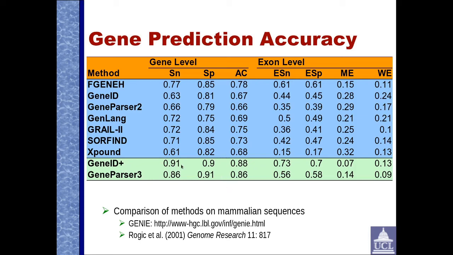So you can see we're getting sensitivity and specificity of around 0.9, and the approximate correlation value also approaching 0.9. At the exon level, some of these do rather worse. Obviously you want wrong exons and missing exons to be as low as possible. You want these to be as high as possible.